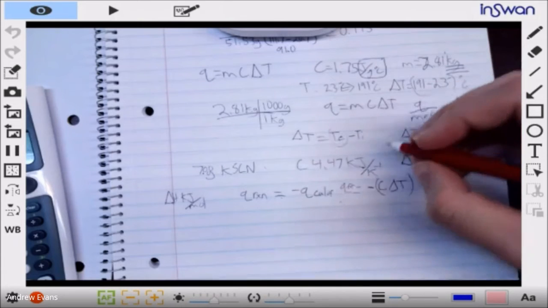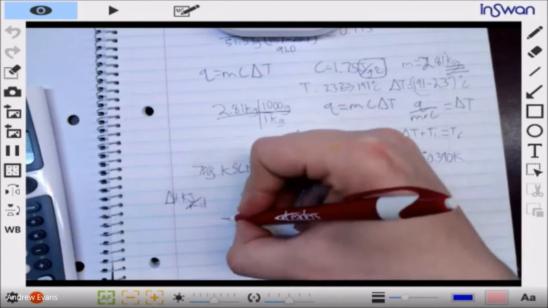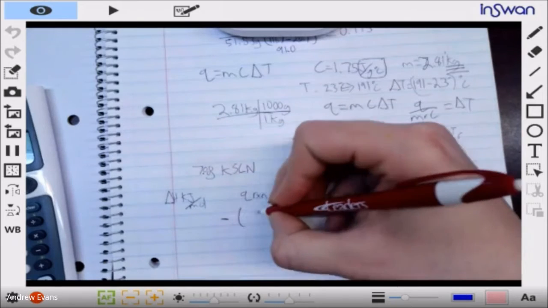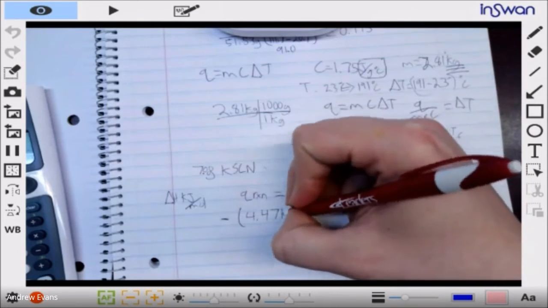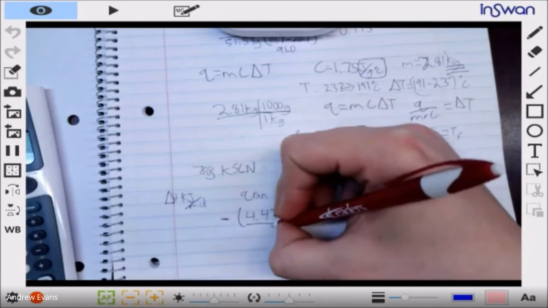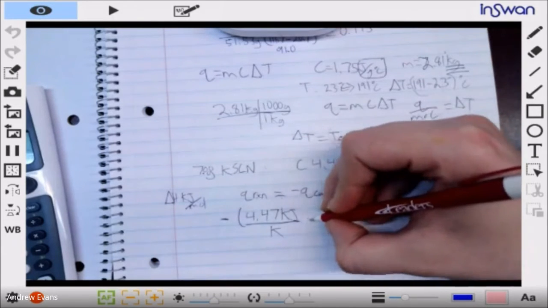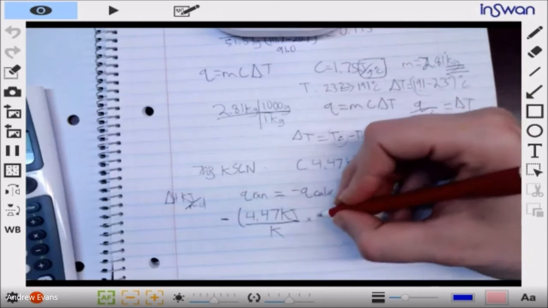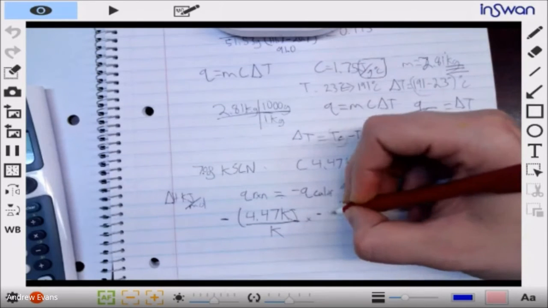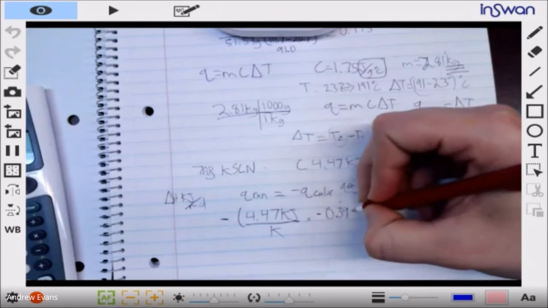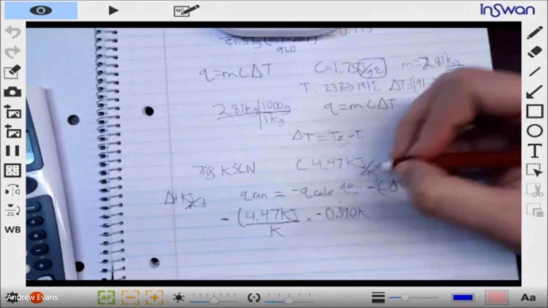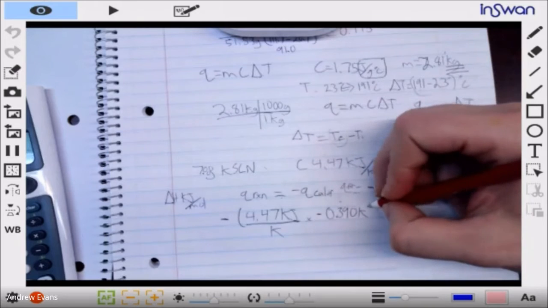Now, we said the heat capacity of the calorimeter is 4.47 kilojoules per Kelvin. We are told in the problem that the temperature of the calorimeter goes down by 0.39 Kelvin. So delta T is negative 0.39 Kelvin.